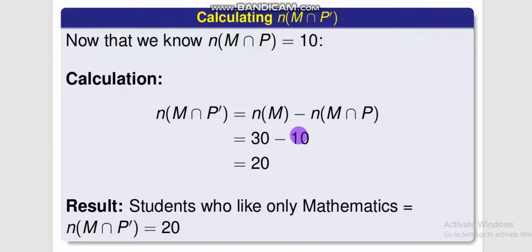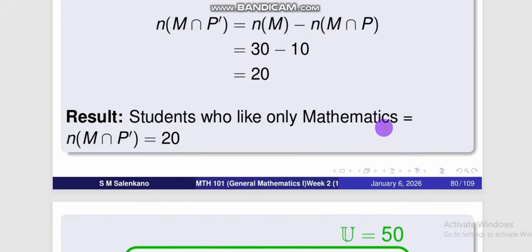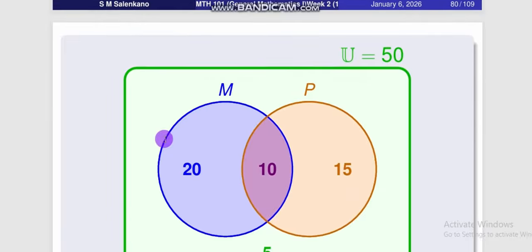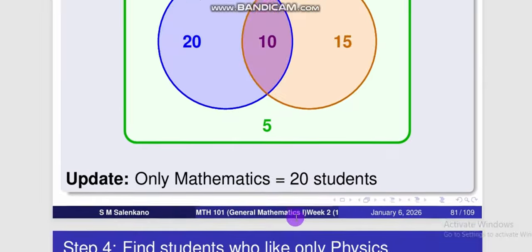So this will be 30 minus 10, and then we have 20, right? So our result for those who like mathematics only is 20. So again, you see we have the update, and this is 20.